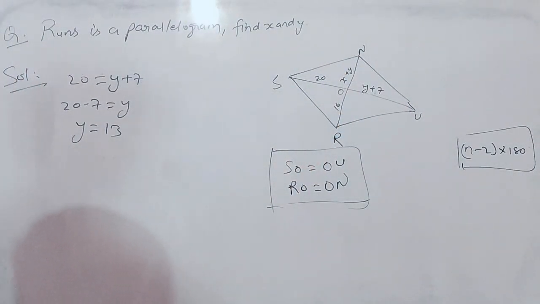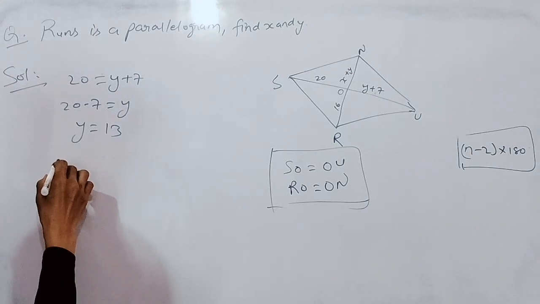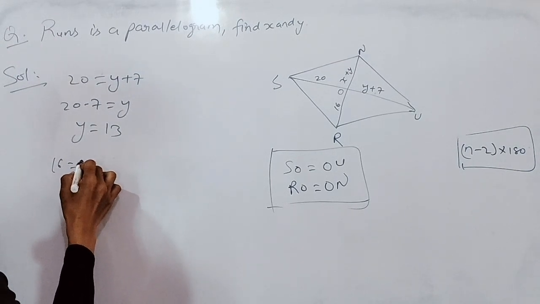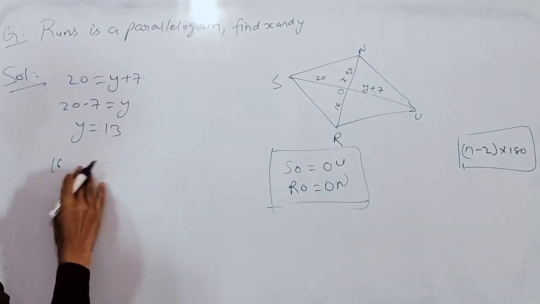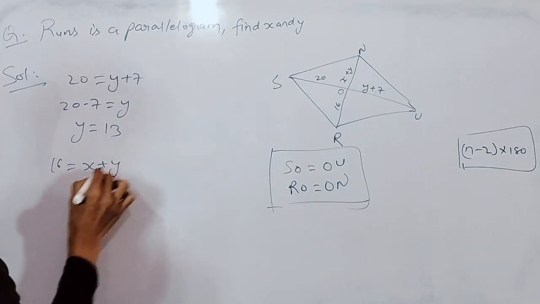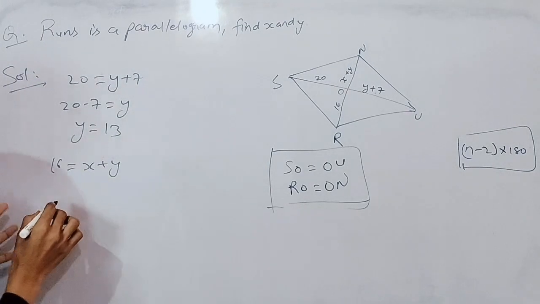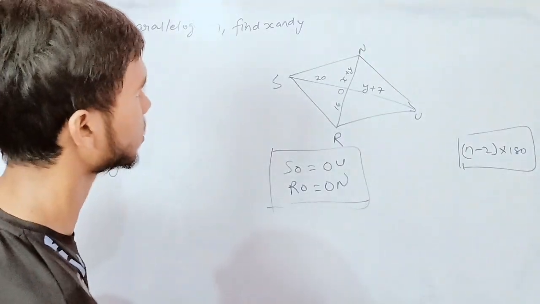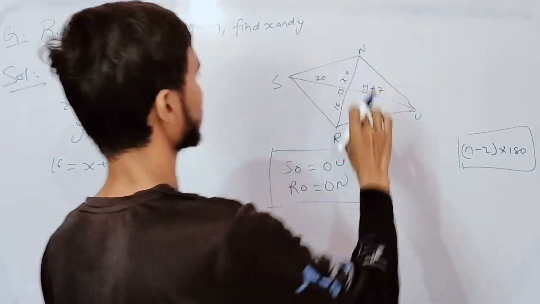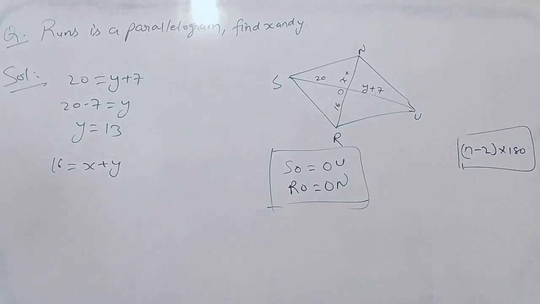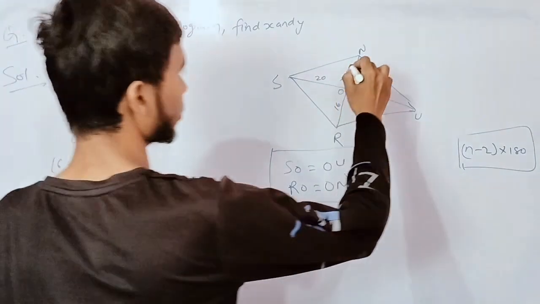Now what about the other diagonal? Here 16 is equal to x plus y. Let me check what is given. If this is okay, no problem.